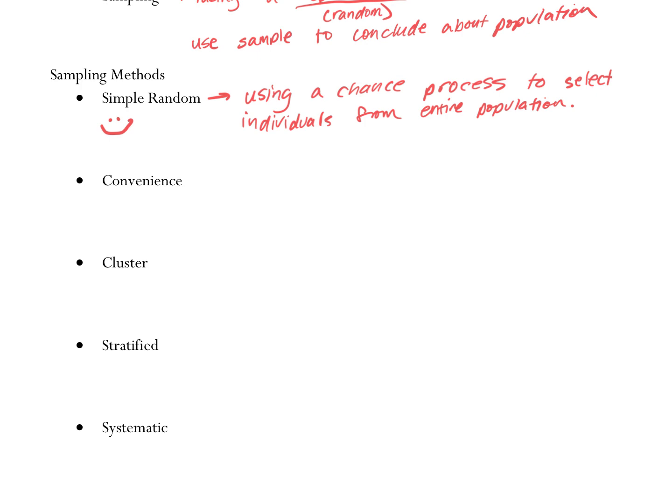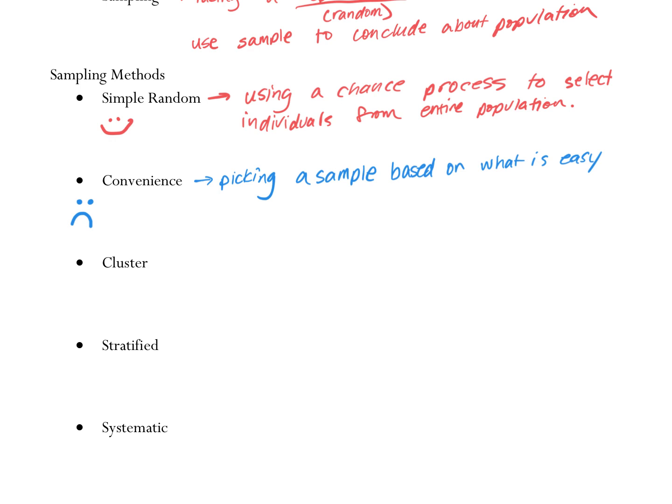Okay, the next one is the terrible one. We don't like convenience sampling. Convenience sampling is picking a sample based on what is easy, because it's convenient.